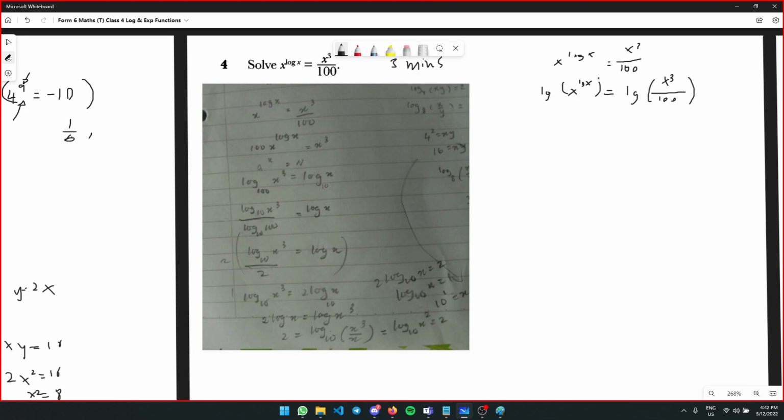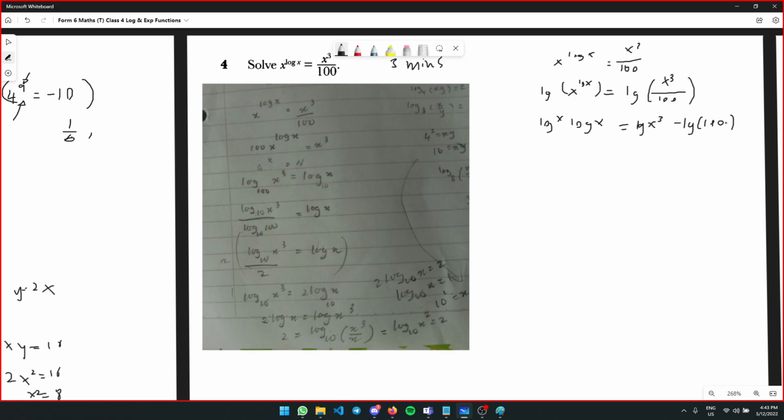Then through this, take this out. So there'll be log x times log x equals log x cubed, and then minus log 100.